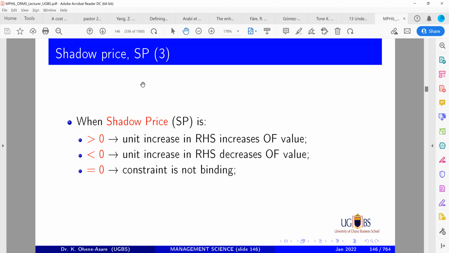So I've asked this question multiple times before, what will indicate that the constraint is not binding? It means that the shadow price is not zero. That's when you know. So anytime the shadow price is not zero, you should know that that constraint is not binding. Sorry, it's not zero. It means that the constraint is binding.